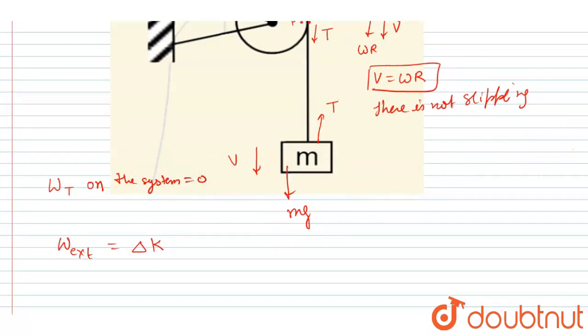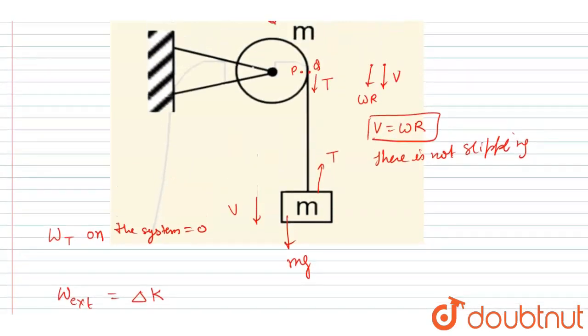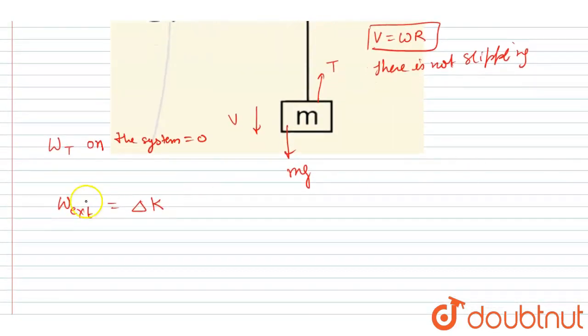So the only force of which we take the work is mg. So mg is acting in downward direction on this m block, and it is said in the question, if this block moved downward by a height h, then the work done by this mg will be equal to change in translational kinetic energy of the block plus change in rotational kinetic energy of the pulley.